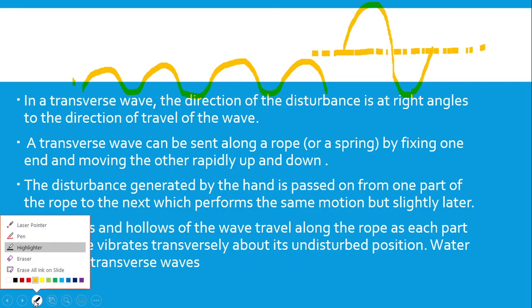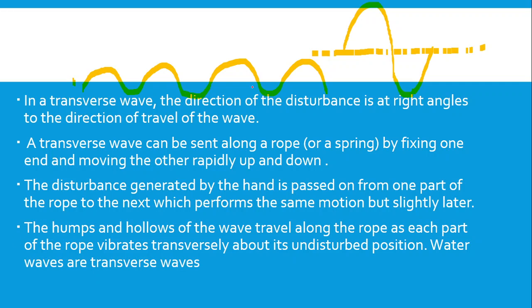Then the part above the neutral line is called the crest, and the other one, the part below the line, is called the trough. So this is crest and this is trough, and that's how the wave propagates.